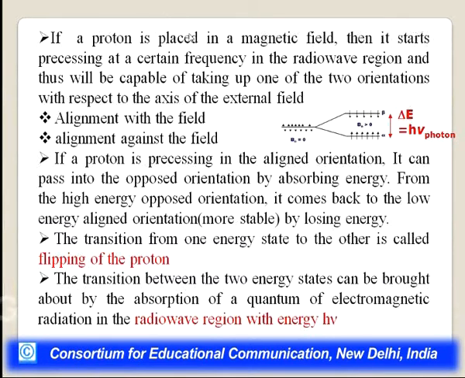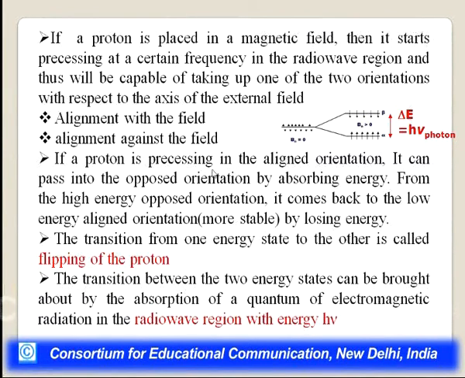If a proton is placed in a magnetic field, it starts precessing, a motion against the gravitational field like a top, at a certain frequency in the radio wave region, and thus will be capable of taking up one of two orientations with respect to the axis of the external field. One orientation is aligned with the field, and the other is against the field. Both orientations are observed if there is a precessional motion.